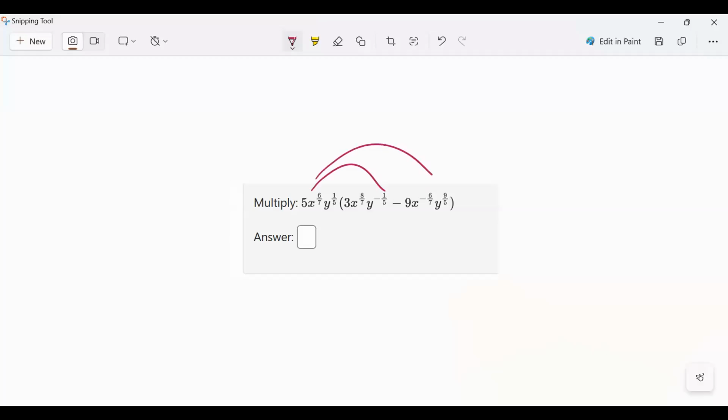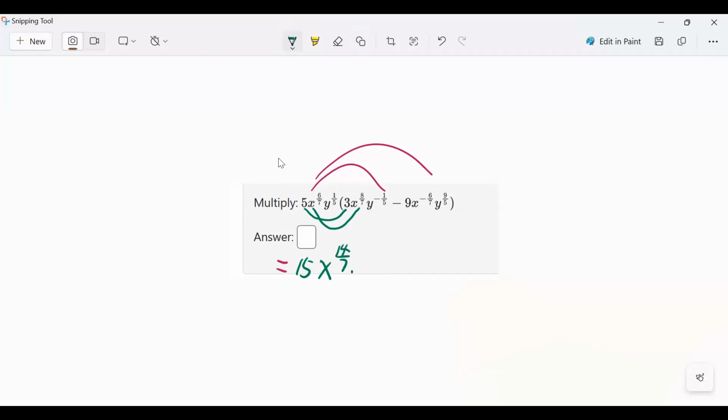And then right here we have 5x. So you multiply the numbers first. When you multiply 3 and 5, you get 15. Then multiply x to the 6/7 times x to the 8/7, so it will be x to the 14/7.